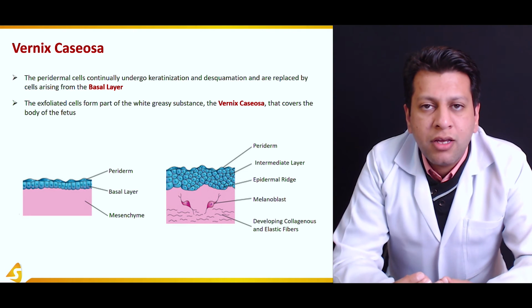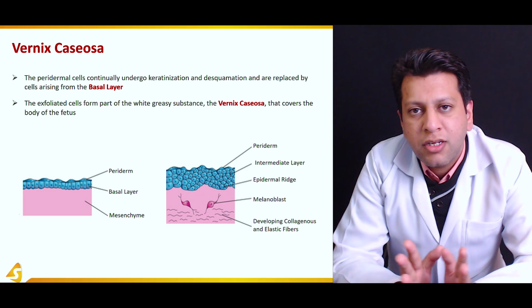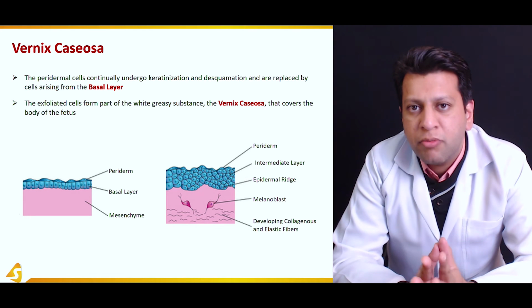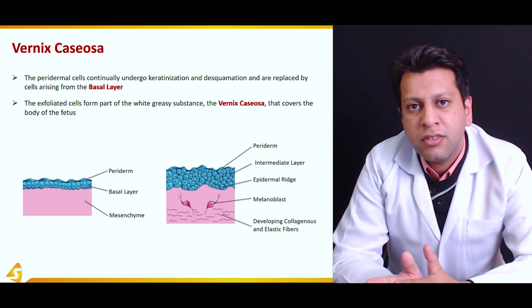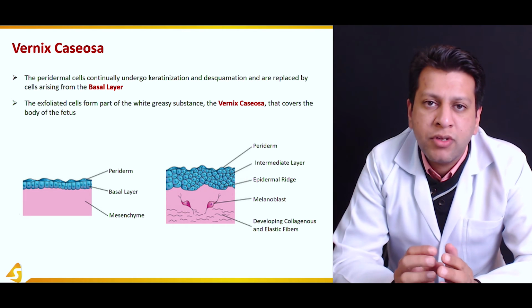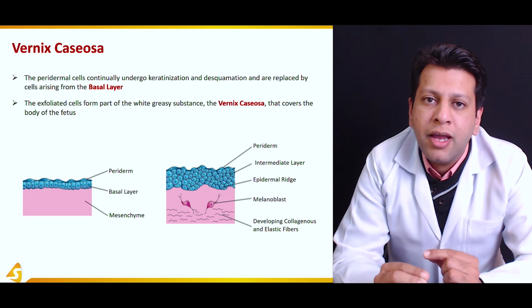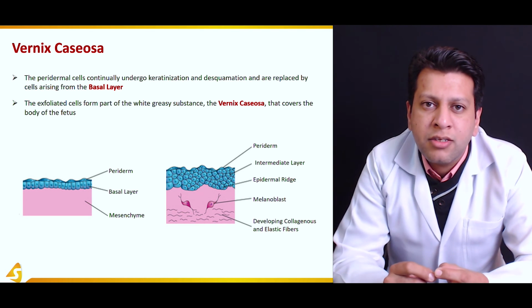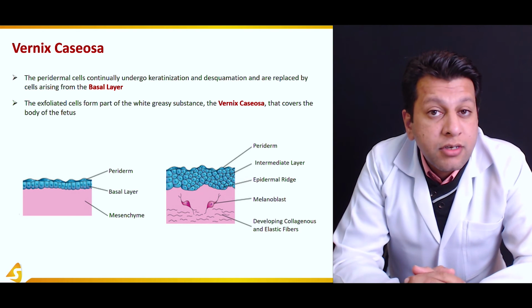As the basal layer cells divide and start to move upward, there is a decrease or shrinkage of the cytoplasm, and this shrinkage is replaced by keratin instead of cytoplasm. This formation in which the cells shrink, the cytoplasm disappears, and keratin is laid down into the cells is termed keratinization. And what is desquamation?